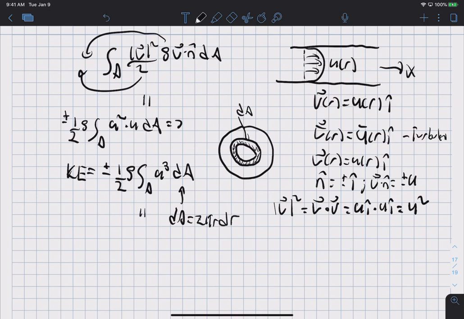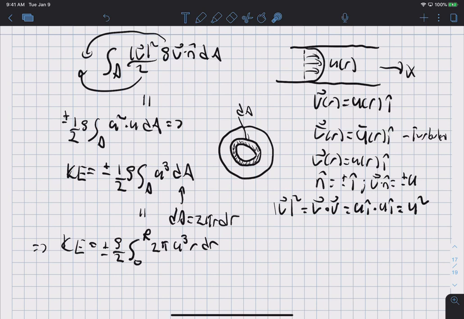So this equals plus minus rho over 2 times the integral from 0 to R of 2 pi u cubed r dr. Okay, and that's what the kinetic energy flux is equal to, or the kinetic energy flow rate as it passes through a section of the pipe.